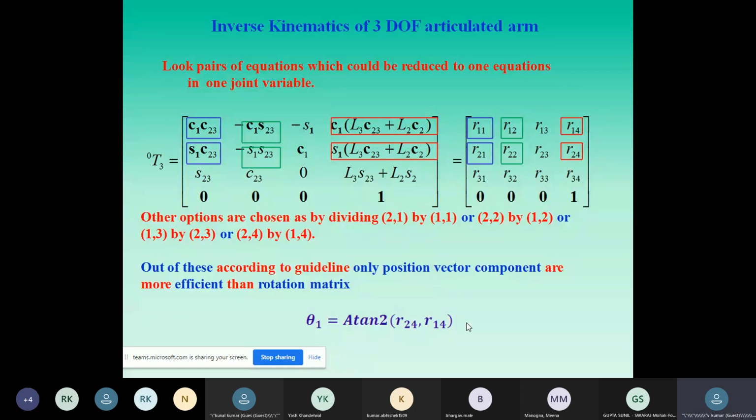In the previous guidelines it is written that we choose only the position vector component rather than the rotation matrix. So we choose that here, and theta 1 we have calculated. Remember it, okay?